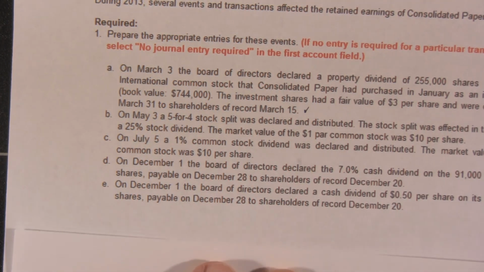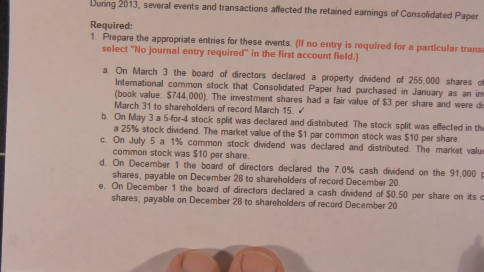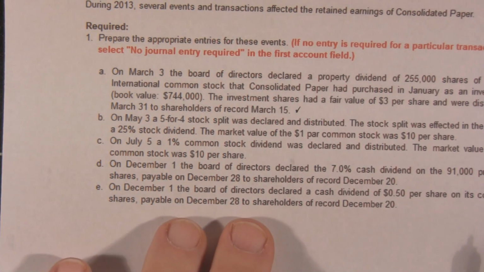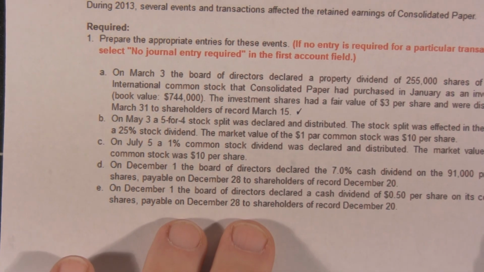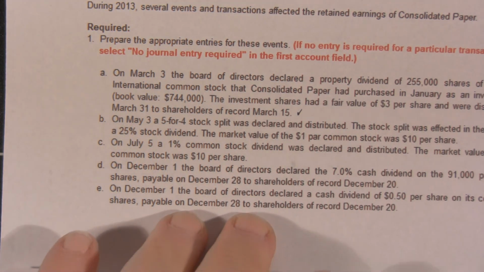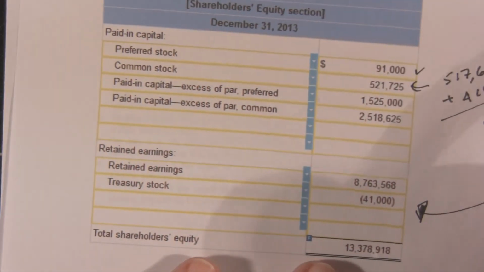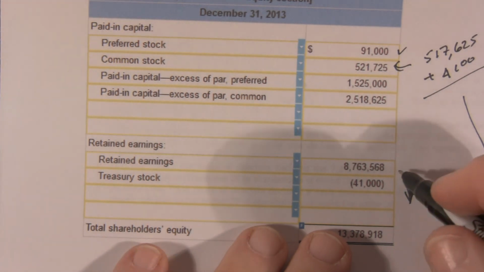And where do they tell us the net income? I've got it somewhere here in my notes. I don't know where it is. Maybe it's in the problem. So we include that. I'm not so much concerned about that, but that's what that is.